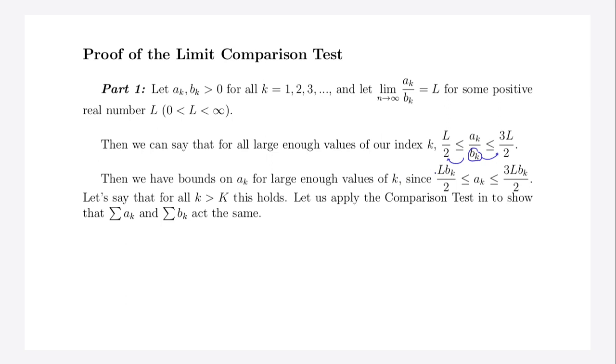So that's what I've done on this version here. I've just multiplied by b sub k, and so it goes on both inequalities. It doesn't change the direction of the inequalities since we know that we have these positive terms, and multiplying by a positive number just keeps the inequality sign in the same order. And let's say that this is true for all the k bigger than some capital K, where this is just some big index.